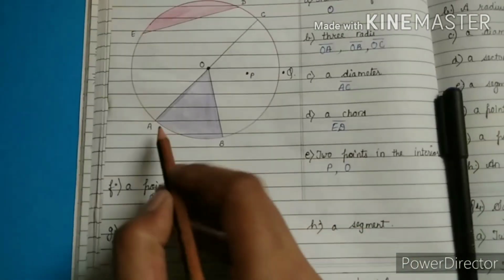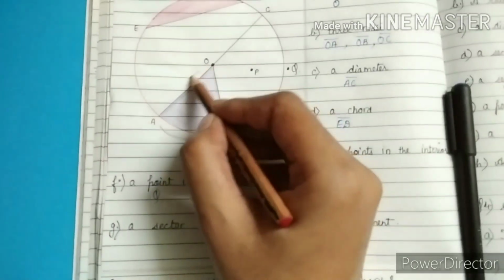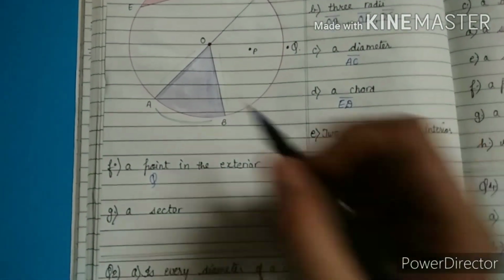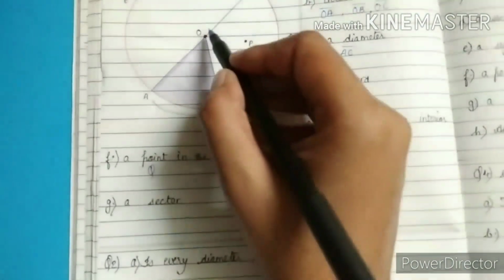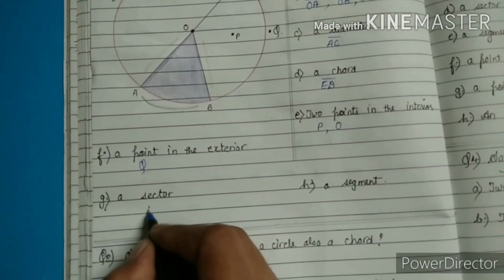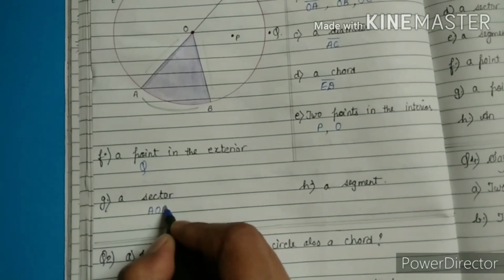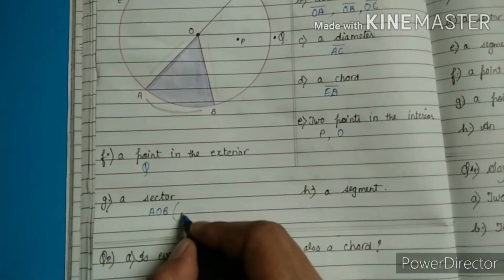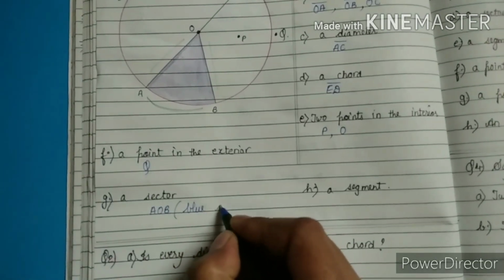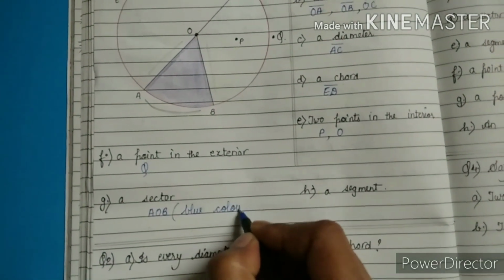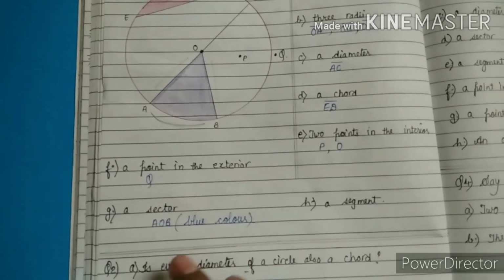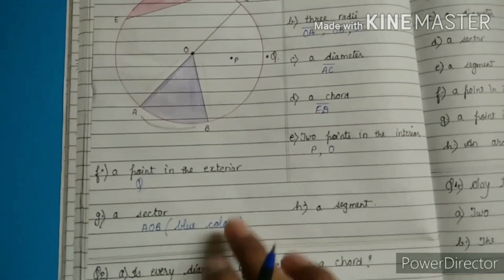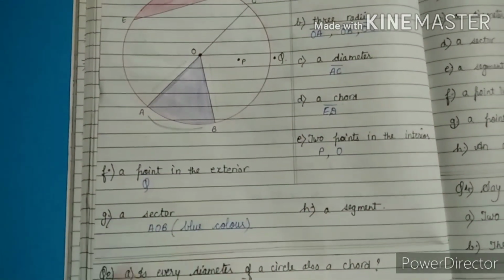Yes, its name will be called AOB. But I colored it with which color? Blue color. Because when you revise this portion, you can easily consider that the blue color shows you a sector.